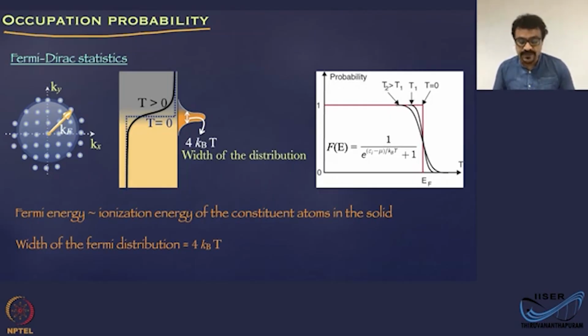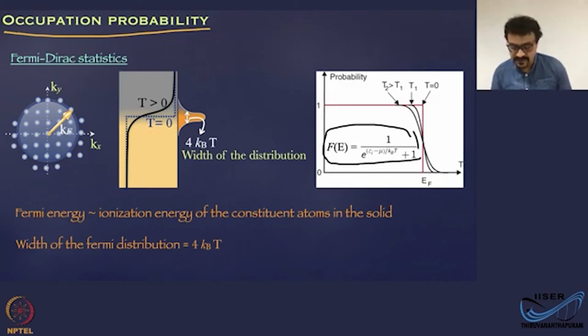So the Fermi-Dirac function, or Fermi distribution function, which is given by this equation there, is going to tell you the probability that a certain state is empty or occupied. And that probability also changes with temperature.